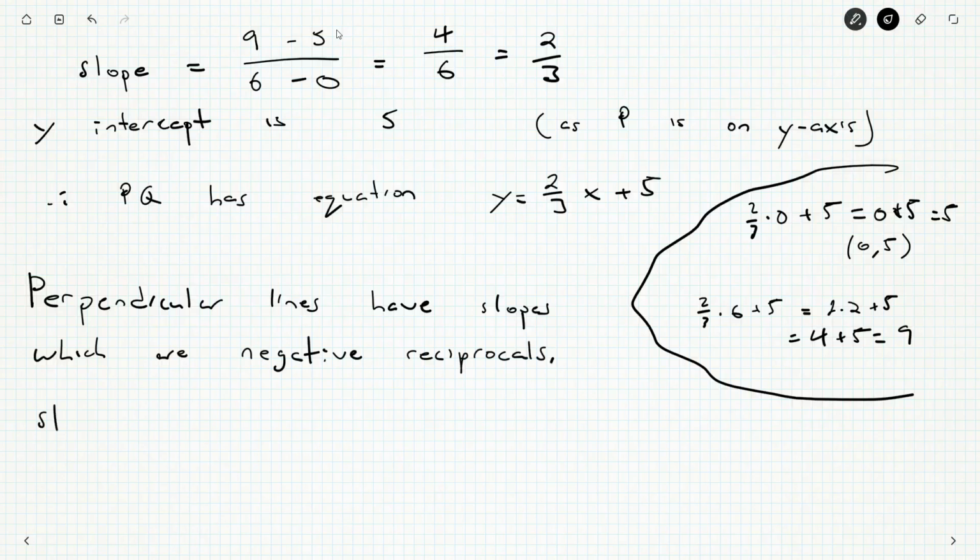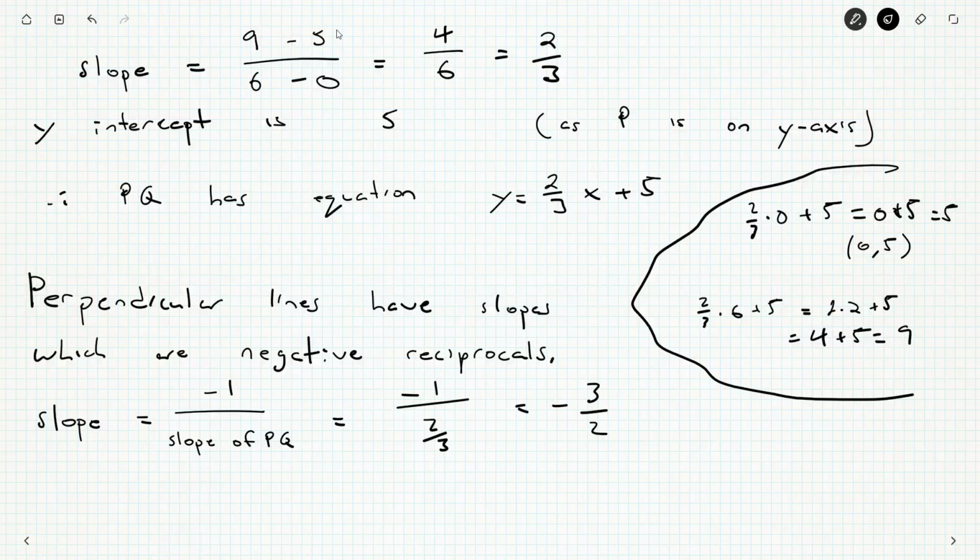Okay. So the slope of the new line is -1 over the slope of PQ. But we worked that out in the previous question. So that's -1 over 2/3. Reciprocal of a fraction means you flip the fraction. And the minus sign stays where it is. Okay, so we've got -3/2.